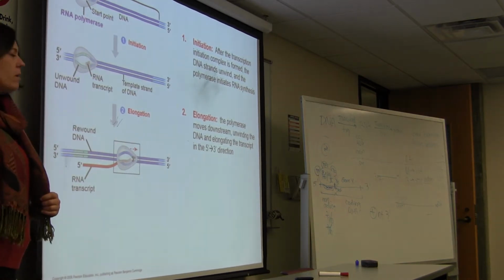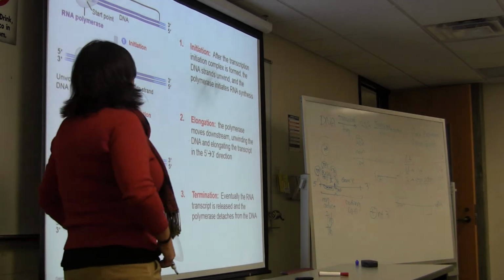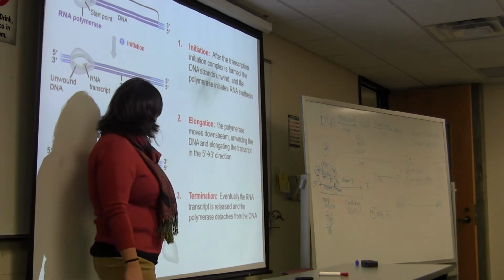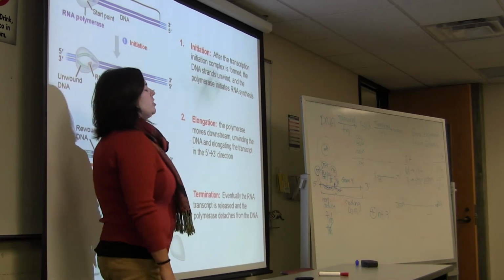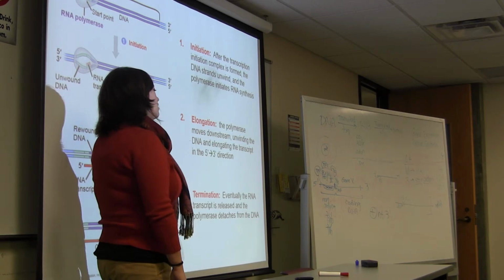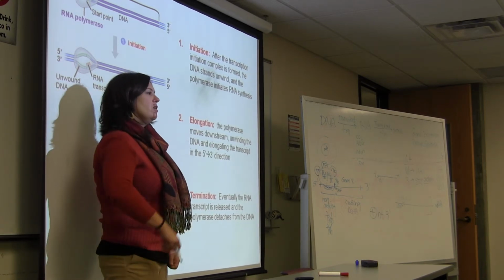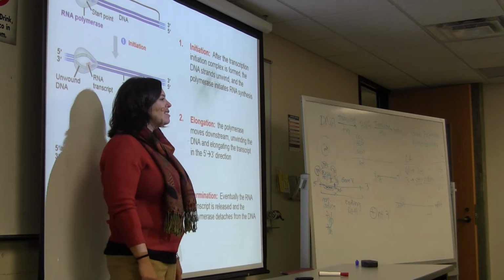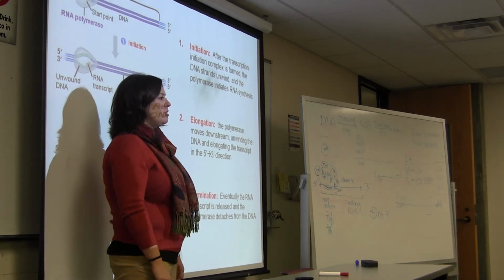And then finally, during termination, once it reaches the end of the gene, basically everything just kind of dissociates and goes about its business. So the transcription factors leave, RNA polymerase leaves, the new mRNA is released, and you've just finished transcription.